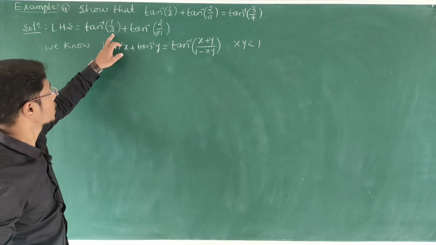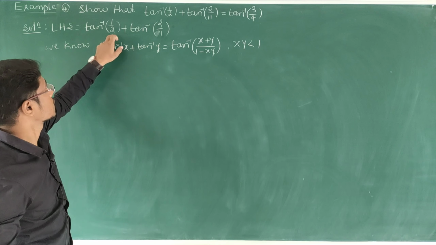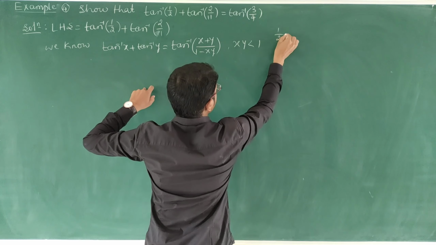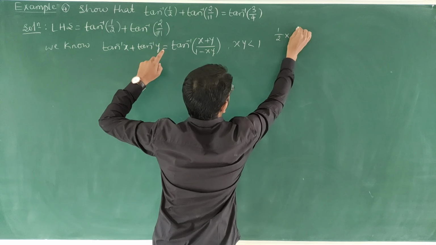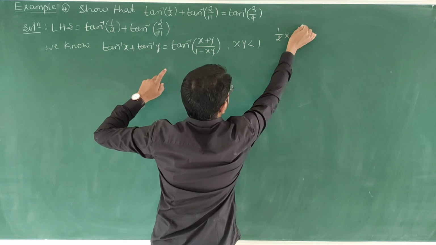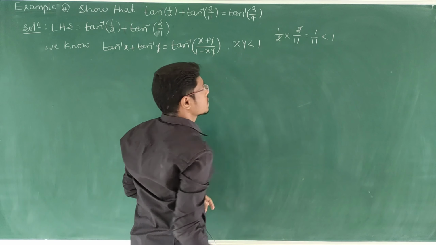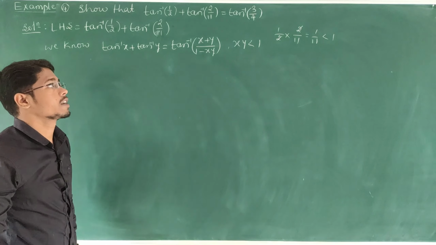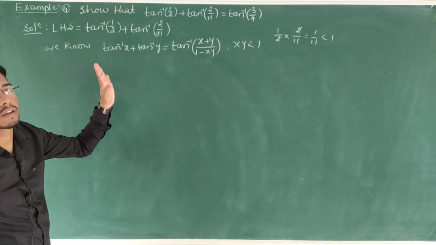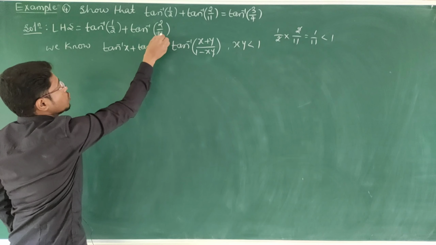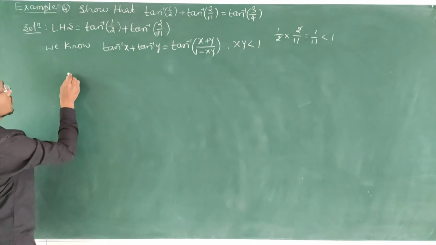See, x into y is 1 by 2 into 2 by 11, which cancels, remaining is 1 by 11. This is obviously less than 1, so we can apply this formula. Here x is 1 by 2, y is 2 by 11. Put in the formula.